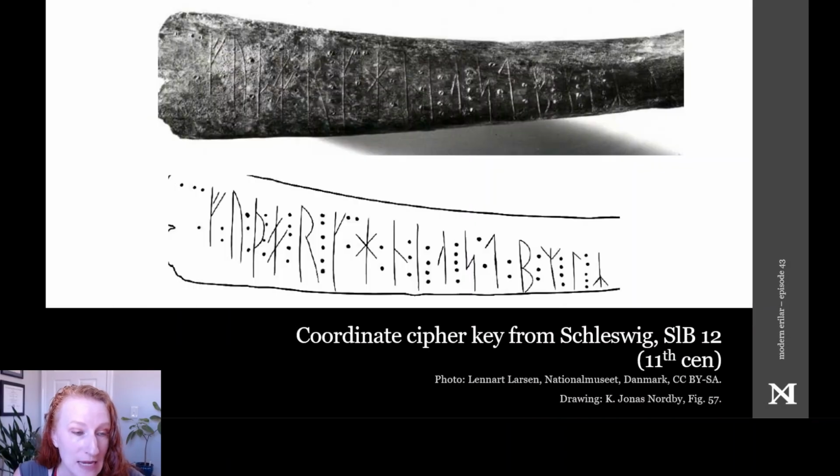The best key that we have to the system actually comes from Schleswig. This 11th century rib bone shows us very clearly that the 8s are listed in 3, 2, 1 order, with the dots at the top of the rune row indicating the beginning of each 8. And then the position of the rune is indicated by dots at the bottom of the row by each rune within the 8.